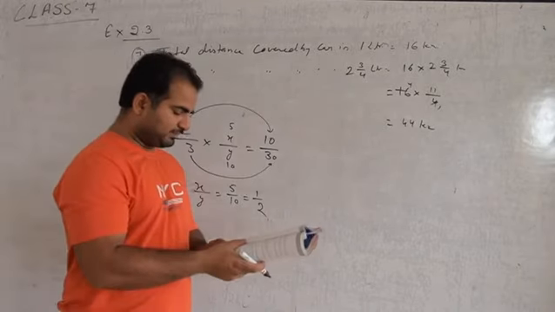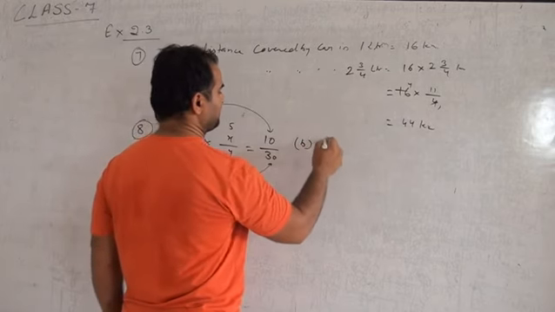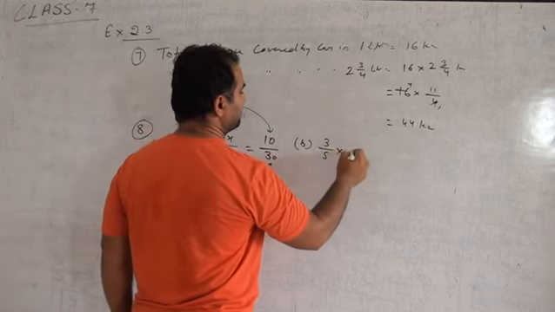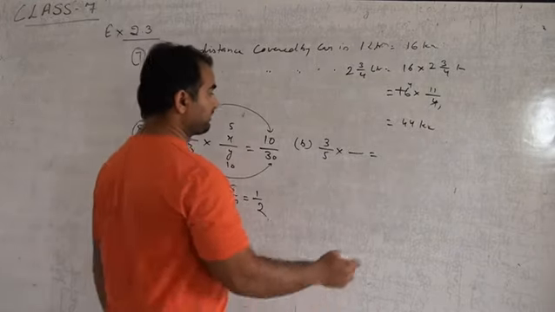Next is question number B. 3/5 multiplied by what, so that it can become 24/75?